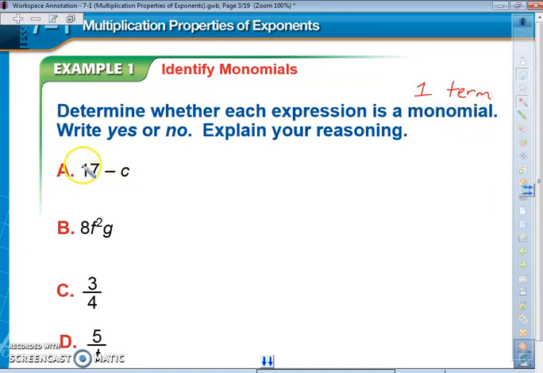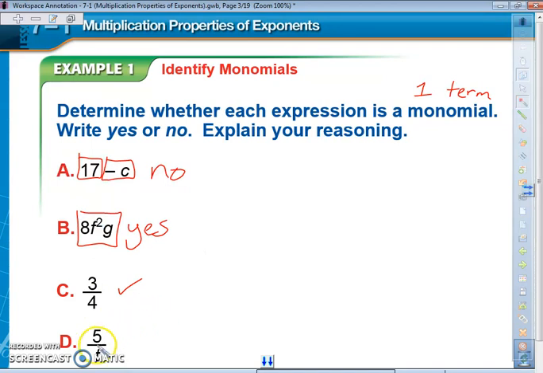All right, well, I've got a 17 and I've got a negative c, so that is not one term. Okay, 8f squared g, that is a monomial because they're all multiplied together, they're all together right there, so that is going to be a monomial. 3/4, yep, that is a monomial.